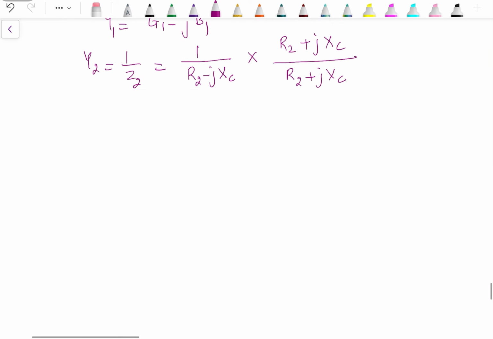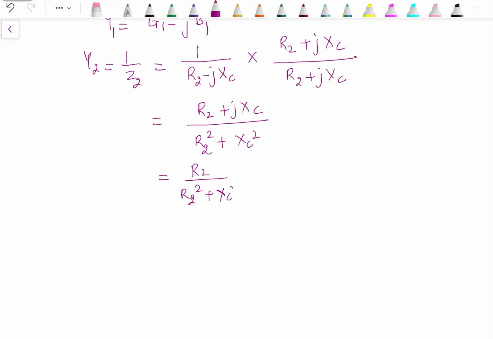So now what we get? We will get R2 plus jXC upon R2 square plus XC square. When we separate the real and imaginary parts, it's R2 upon R2 square plus XC square in the denominator, plus jXC upon R2 square plus XC square.